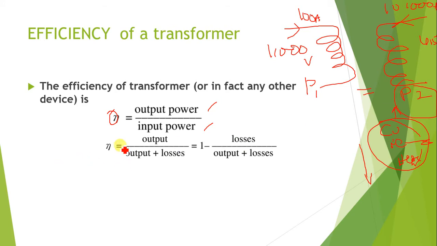So eta will become output by output plus losses, since input power is nothing but output plus losses, which is equivalent to 1 minus losses by output plus losses. If the losses are very small, you will get a good efficiency.